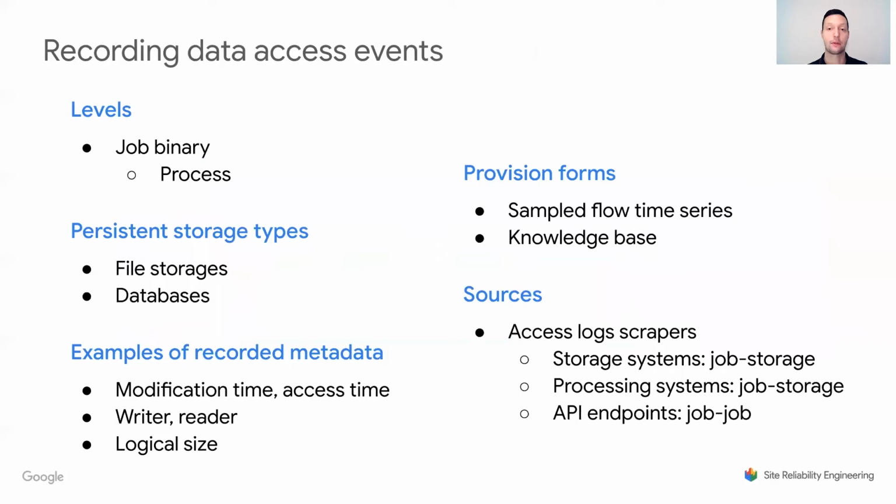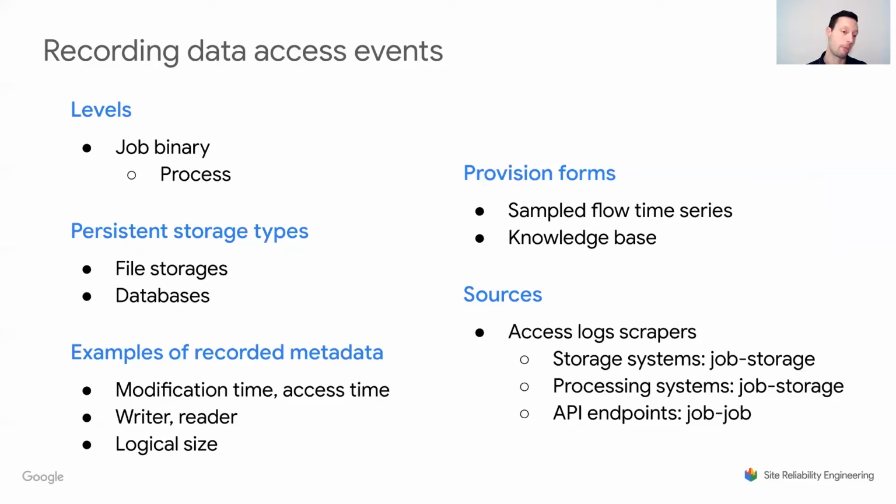Here are some ideas of how exactly the data can be harvested and provisioned. At Google, we record data access patterns at the level of job binary and process. We use several data sources for that, which are access log scrapers for storage systems, processing systems, and API endpoints.